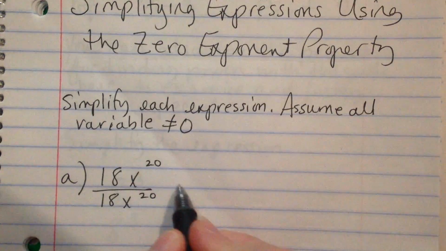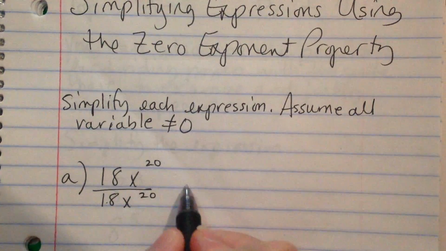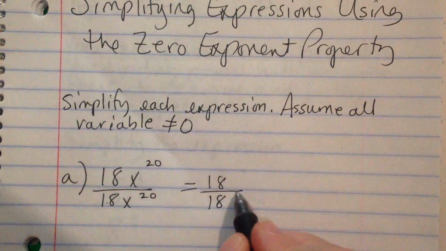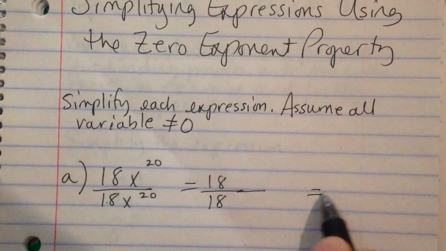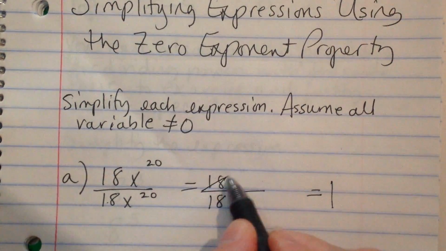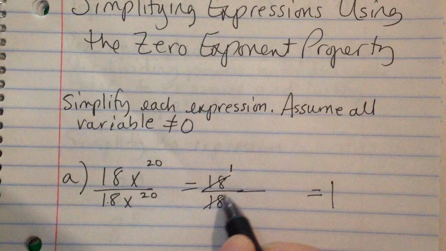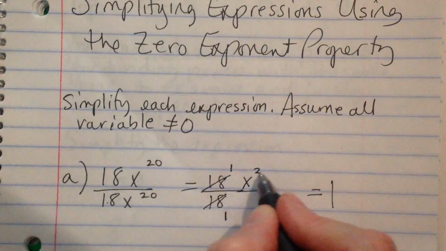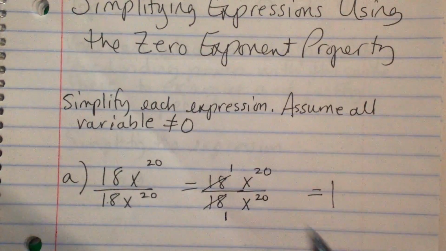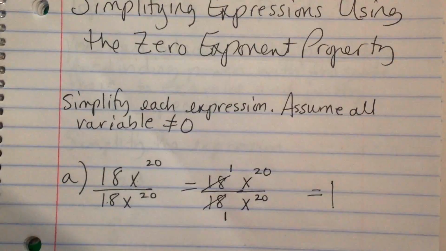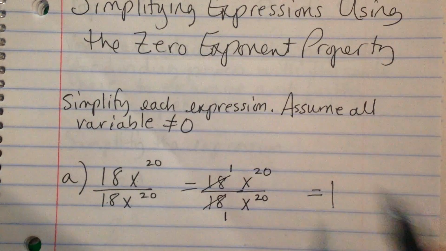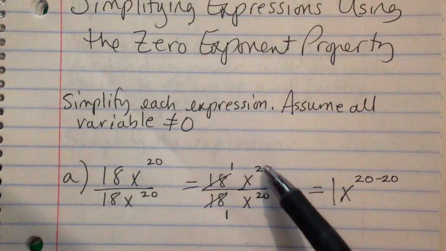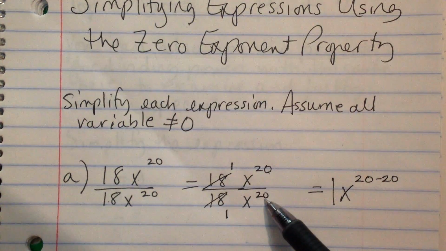So first thing I'll do is divide 18 by 18. If you divide 18 by 18, those reduce to 1. 18 divides into 18 one time. x to the 20th divided by x to the 20th. We're dividing like bases, so subtract those exponents. Write your base down and subtract your exponents, starting with the one in the numerator, 20 minus 20.